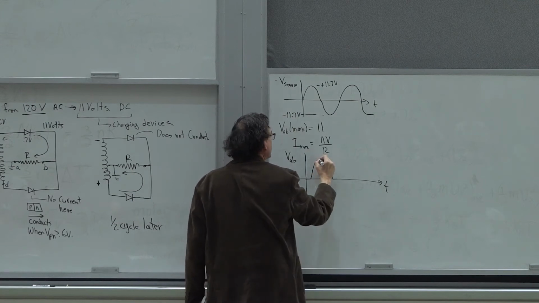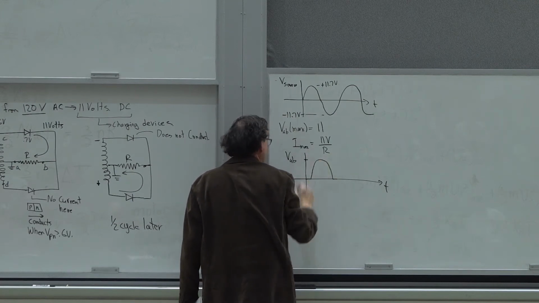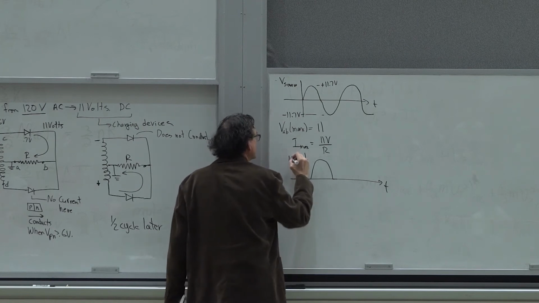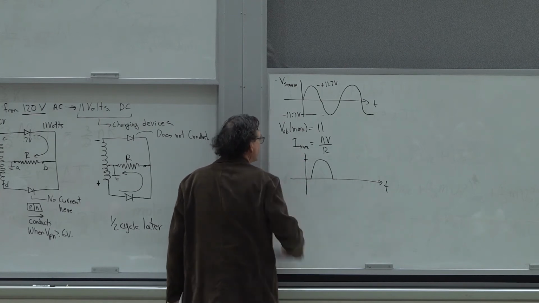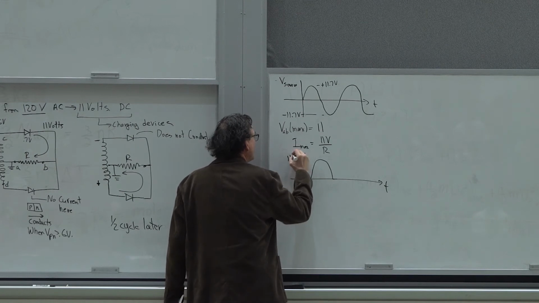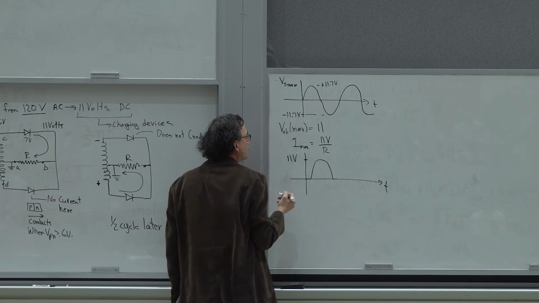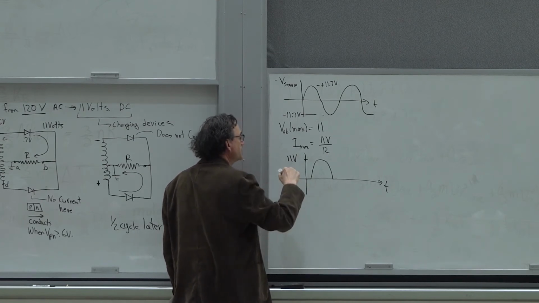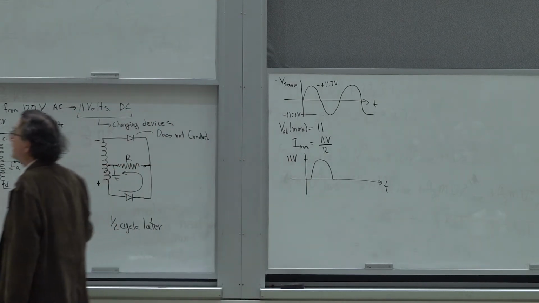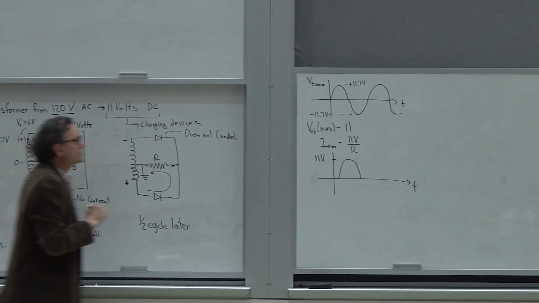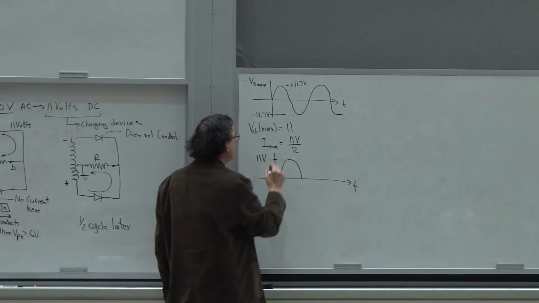Therefore the voltage across the resistor is reduced to 11 volts, because there's a 0.7 volt drop in going across the diode. So it's not going to go as high across the resistor.